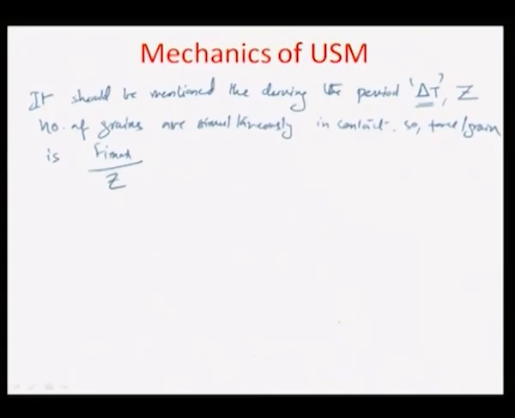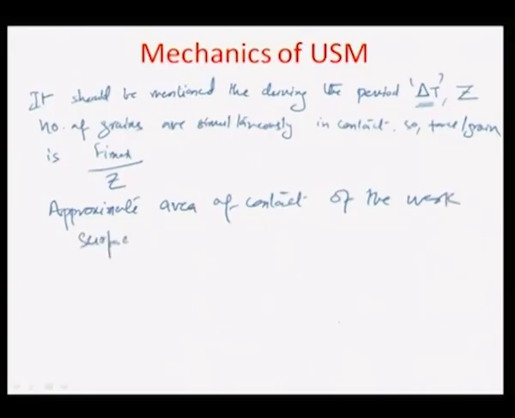And if we estimate that the approximate area of contact of the work surface per grain is pi by 4 capital D square. Remember, D was actually the indentation diameter.